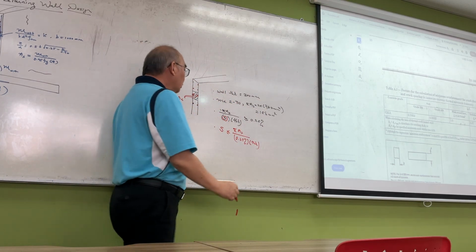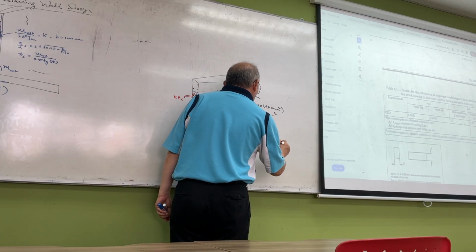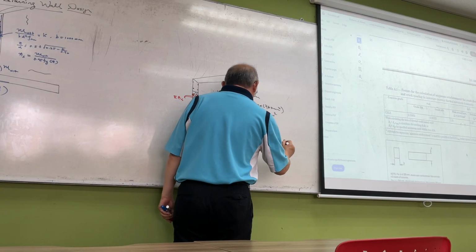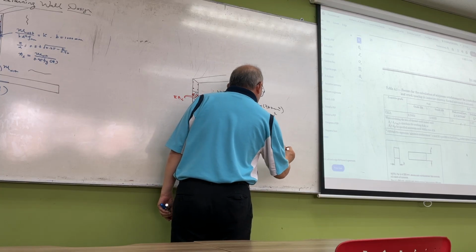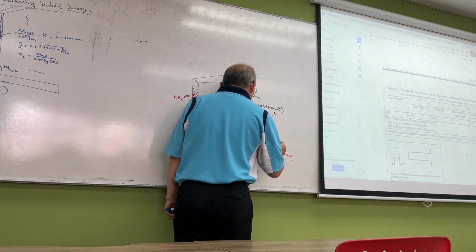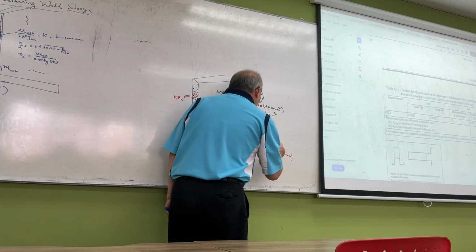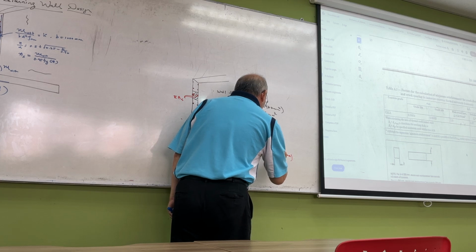The summation of area is 156 millimeter squared, the thickness is 300 millimeter, and 0.25% means 0.25 divided by 100.